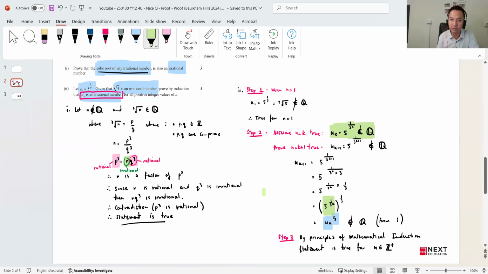And then when you try to sub in k plus 1, break down the fraction, split the fraction, and then we know that when there's a times in the power, that's like power to a power, right? So make the green part there to the power of a cube. Since the green part is irrational, part 1 says if there's an irrational number and I cube root it, it's also irrational. That's it, done.